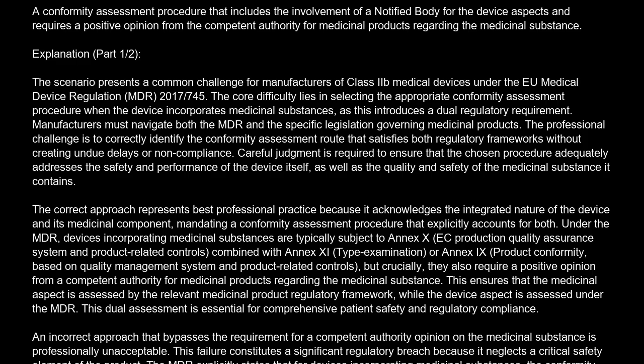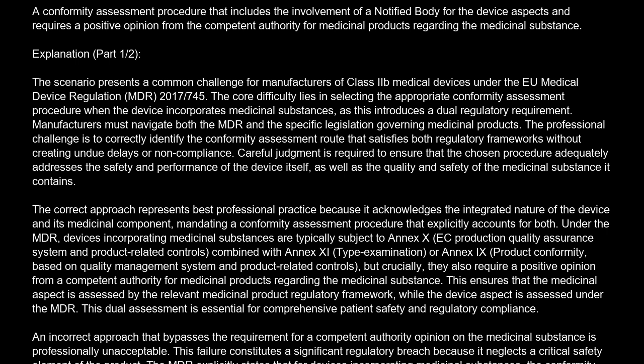The correct approach represents best professional practice because it acknowledges the integrated nature of the device and its medicinal component, mandating a conformity assessment procedure that explicitly accounts for both. Under the MDR, devices incorporating medicinal substances are typically subject to Annex X EC Production Quality Assurance System and product-related controls, combined with Annex II Type Examination or Annex IX Product Conformity, based on Quality Management System and product-related controls.